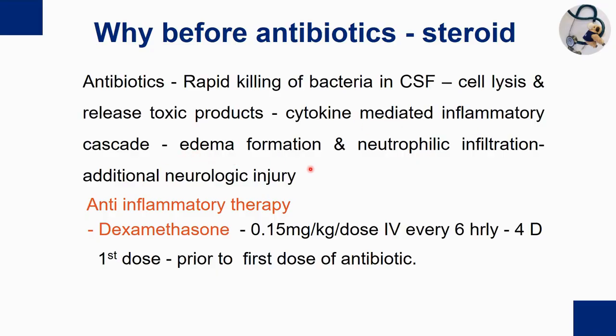There is formation of edema and neutrophilic infiltration leading to neuronal injury. So anti-inflammatory therapy is done with dexamethasone 0.15 mg per kg per dose every 6 hourly for 4 days, and the first dose should be given prior to the first dose of antibiotic.